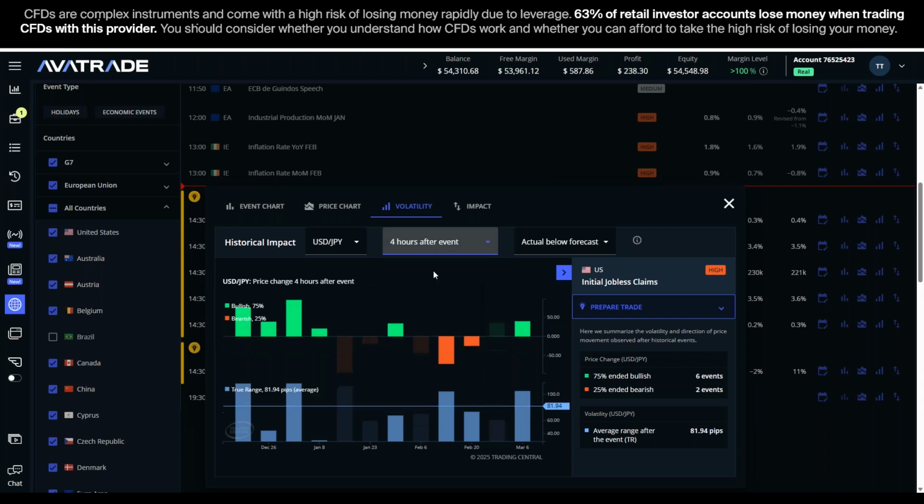And after 4 hours, the average range movement, almost all of them are above 20 pips, if I draw this line here. Some of them are as high as 91, 92, 80 pips. So you have time; after 4 hours you have a much larger movement, most of them in this direction.